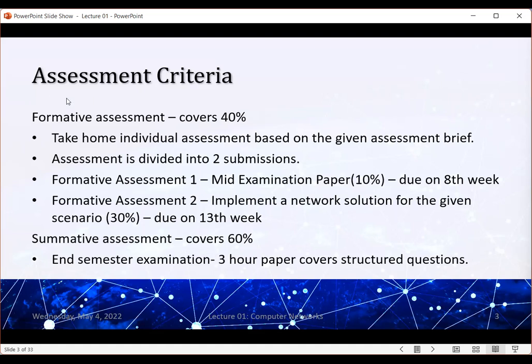Is there any question regarding the assessment criteria? No. No.